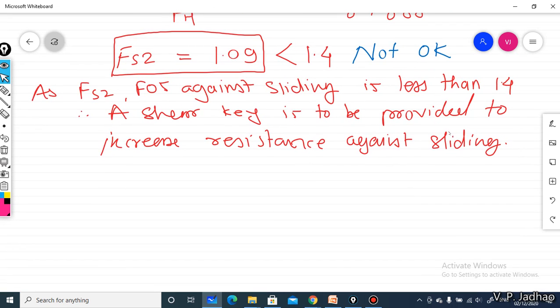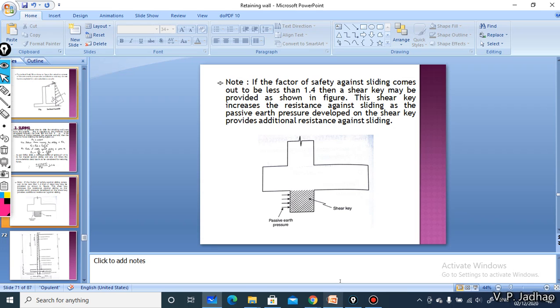Otherwise, if you do not want to provide the shear key like this, what you can do is increase this base width from 2.5 to, let us try, 3 meter, and see whether this factor of safety comes out to be more than 1.4.